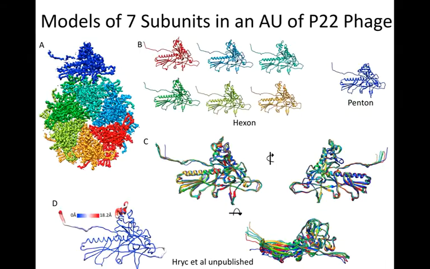So having built the 7 subunit models, we can reassemble all of these to build the full atom model for the entire virus particle, which has 60 asymmetric units.